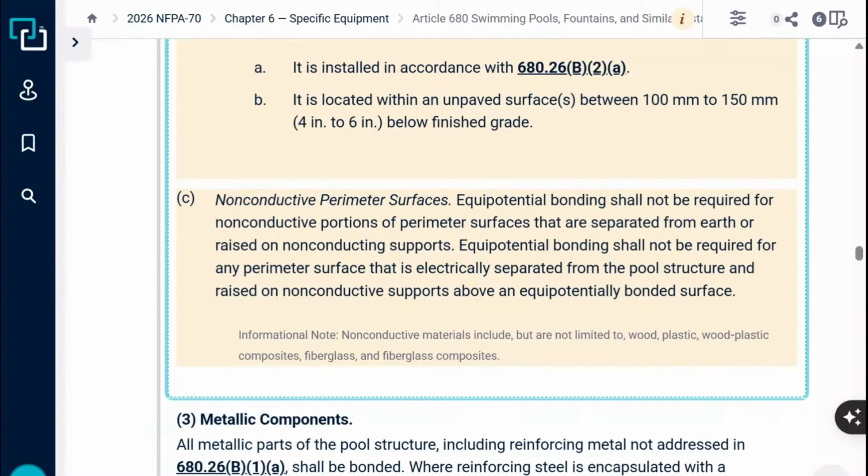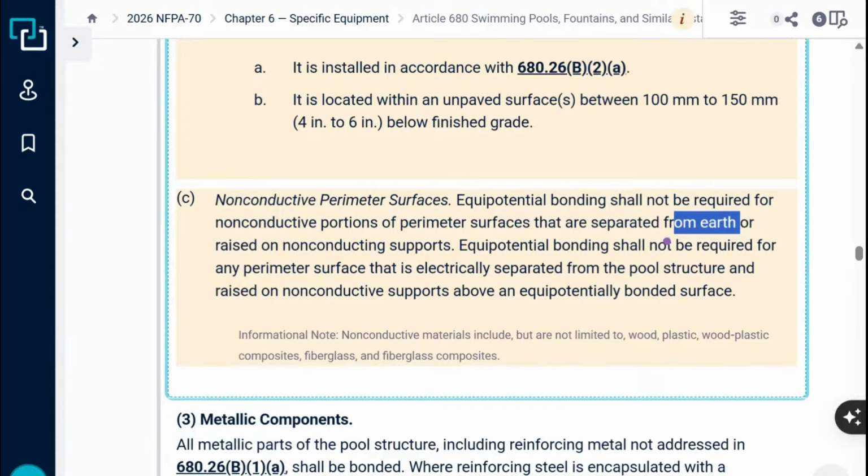Because the way this says, perimeters that are separated from the earth. Okay, so I guess it's not in the earth. So what's separated? Sitting on top of it? Is that okay? Elevated above, well, the next one says or raised on non-conducting supports.